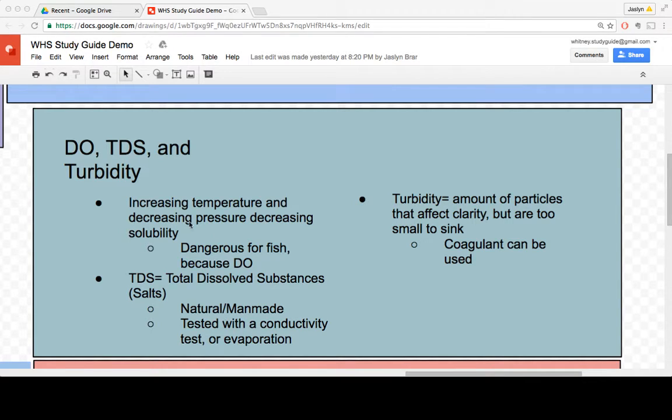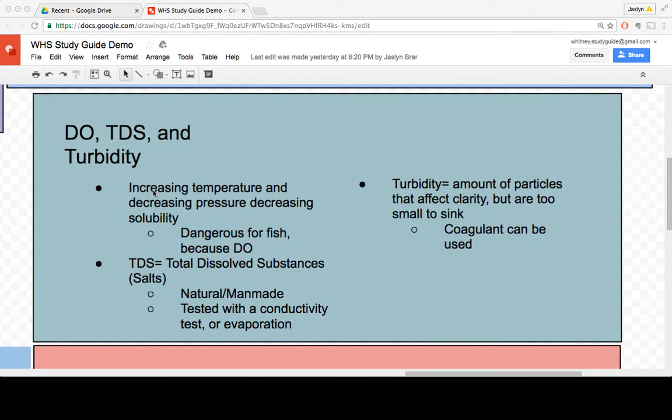And decreasing pressure, as we saw when you open a bottle of soda, it decreases the pressure and you hear the fizz. So it's the gas that's escaping from the soda because you allowed the pressure to decrease. And an important thing to note is when you have increasing temperature, it decreases solubility, and decreasing temperature increases solubility.